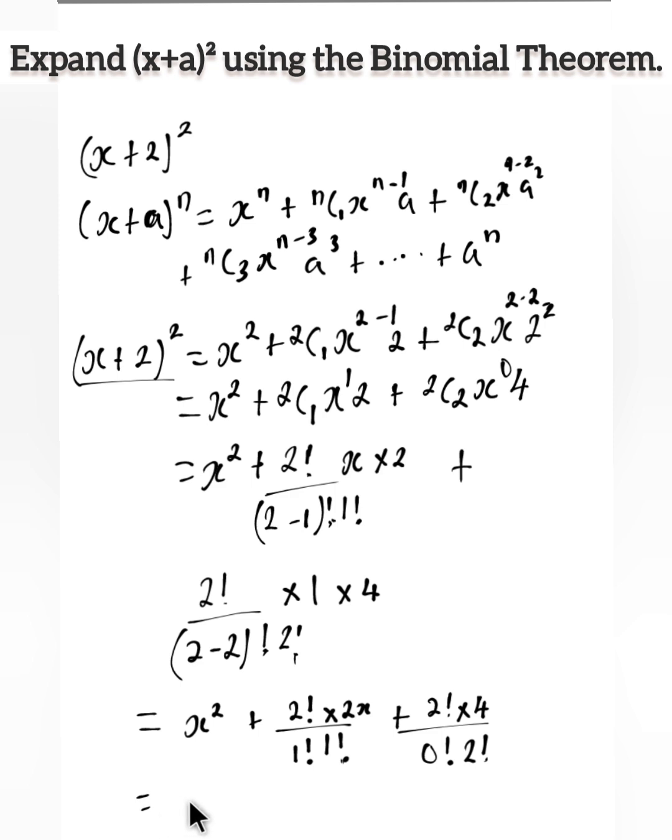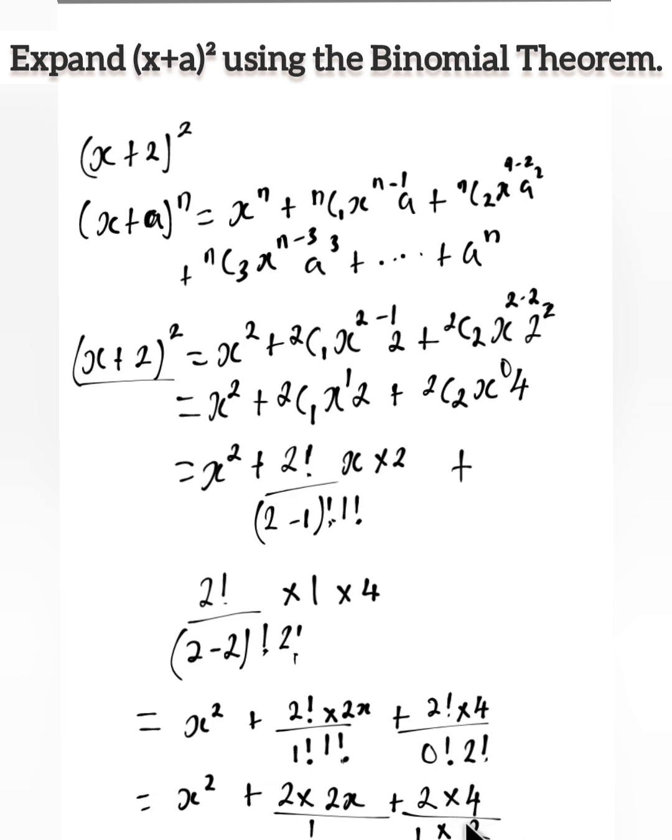We have x squared plus 2 factorial is 2, which is 2 times 1. So it's 2 times 2x all over 1 factorial is 1, 1 factorial is 1, so all over 1, plus 2 factorial is 2, and 2 times 4 is 8, or let me just write 2 factorial times 4, all over 0 factorial is 1, times 2 factorial is 2.